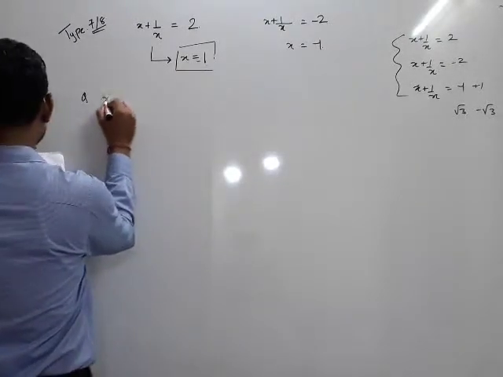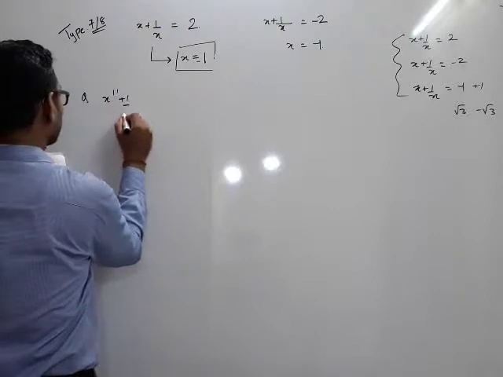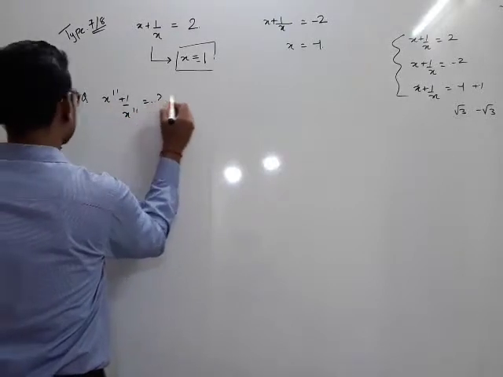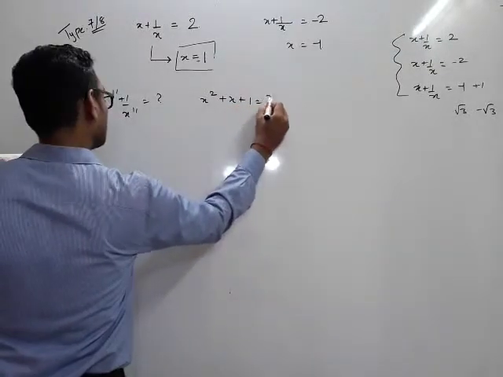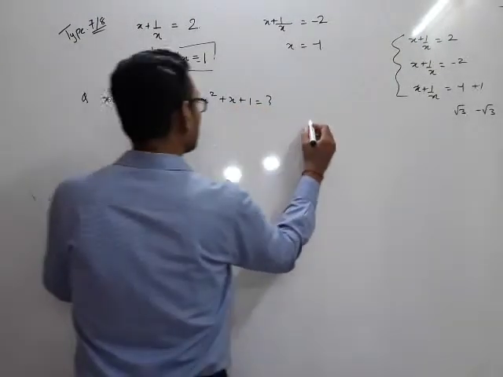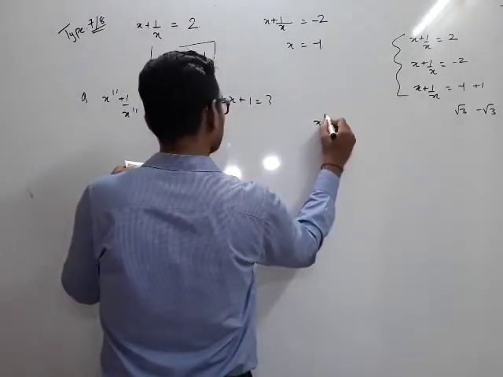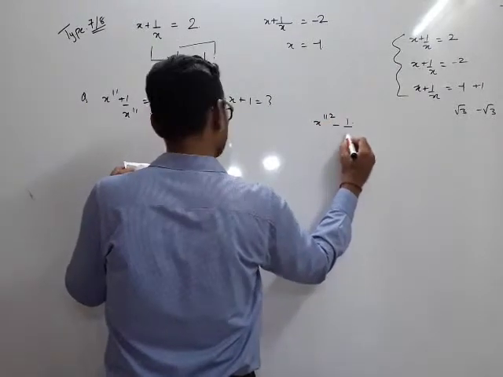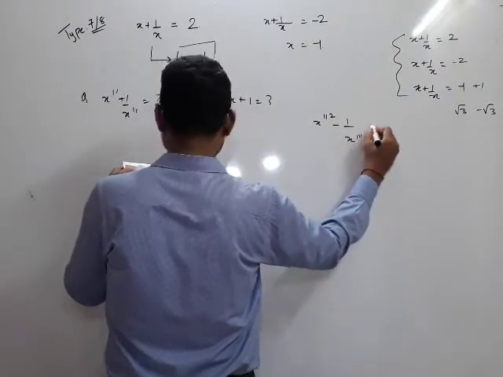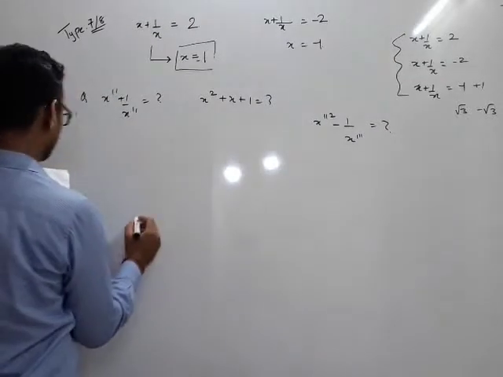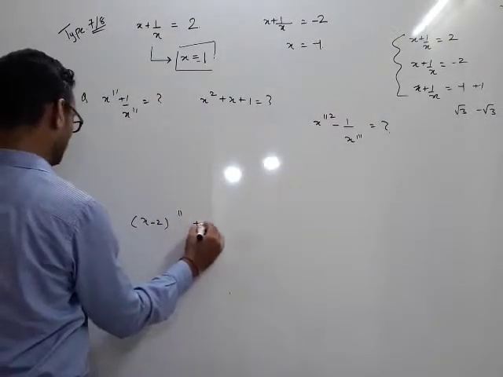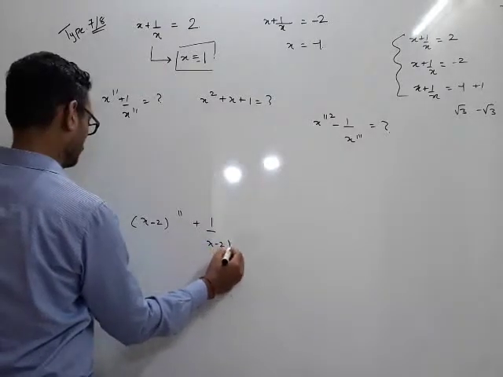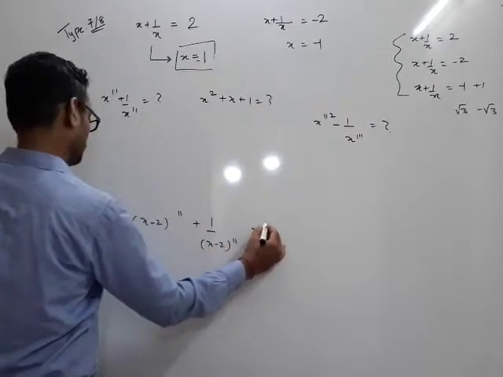First question, x raised to 11 plus 1 upon x raised to 11 is what? x square plus x plus 1 is what? x raised to 112 minus 1 upon x raised to 111 is what? x minus 2 raised to 11 plus 1 upon x minus 2 raised to 11 is what?